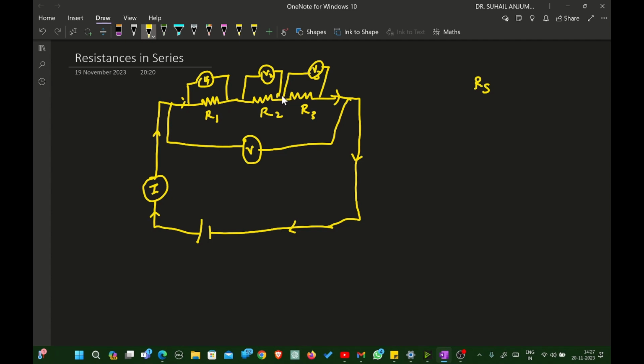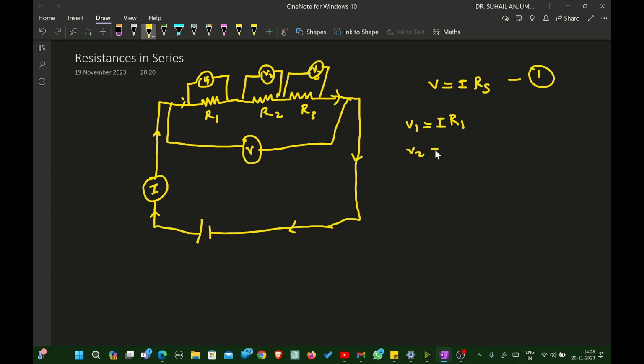Then according to Ohm's law, voltage is equal to I multiplied by the combination of these three. So it will be V is equal to I into RS. I will call this equation number 1. Now similarly, we can apply Ohm's law for all these individual resistances. The voltage drop across these three resistances will be V1 is equal to I, which is the same, into R1.